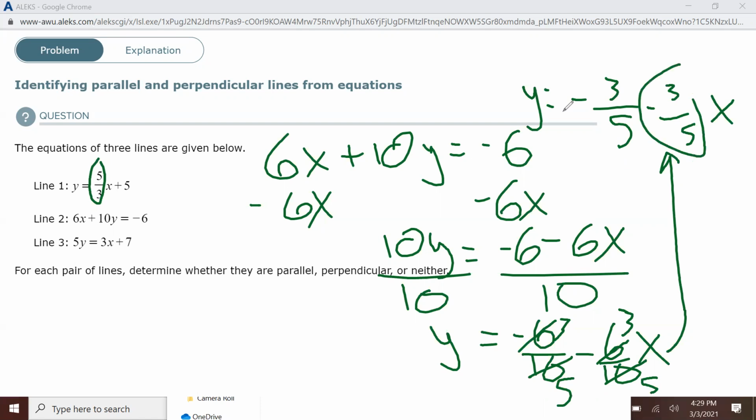And I get a slope of -3/5 for the second equation. For the third equation, divide both sides by 5, and I get a slope of 3/5.